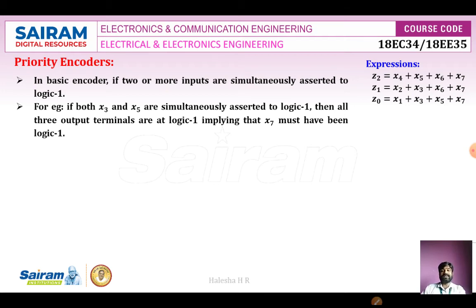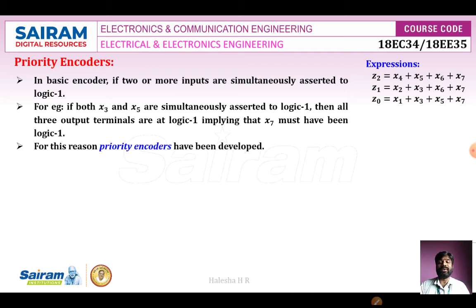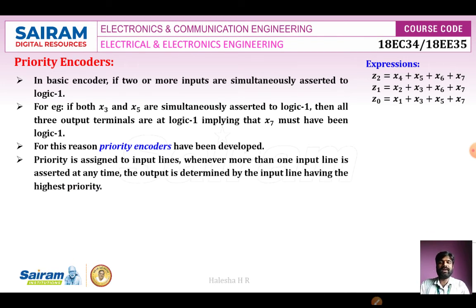In such a case, we assign a priority either to x3 or x5. Then we will get a proper output. That is why the priority encoder is developed. Remember, in the basic encoder only one input should be selected. If two are selected, the output does not correspond to any of the selected inputs.